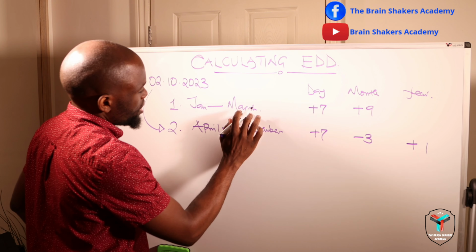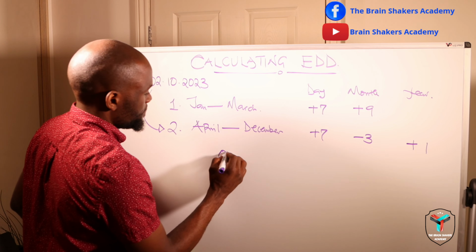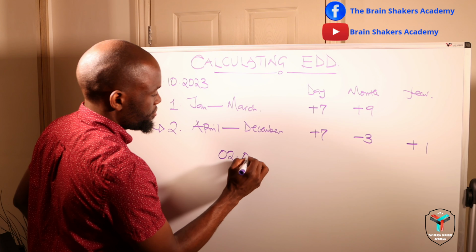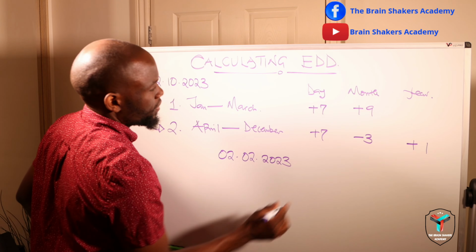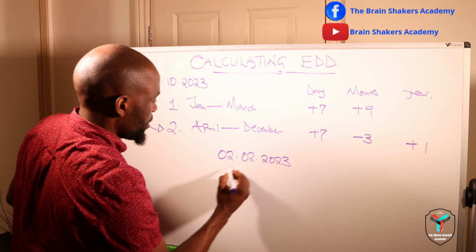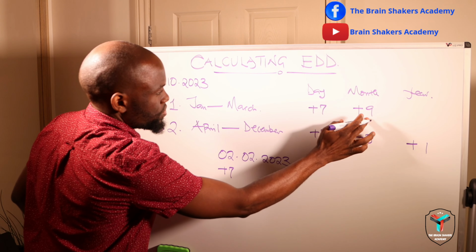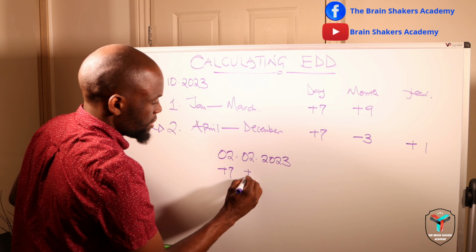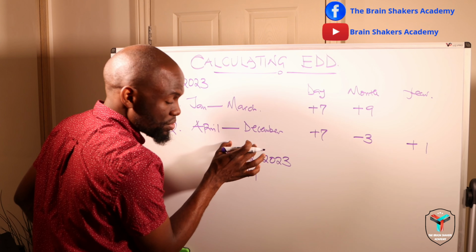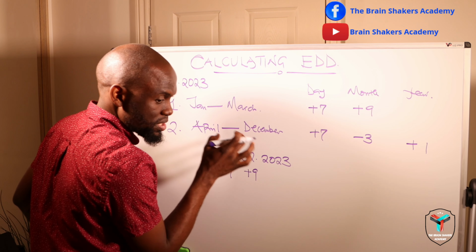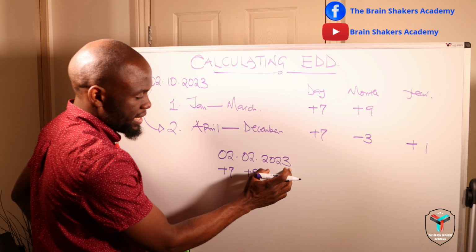Then for January to March, if we did have something like the 2nd of February, say 2023, let's apply this one. We're going to say to the date here, we're going to add a 7. And then to the month, we are adding a 9. And because we are adding 9 months to the date, which is the first day of the last normal menstrual period, we are not adding anything to the year.